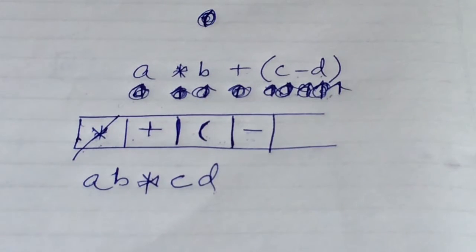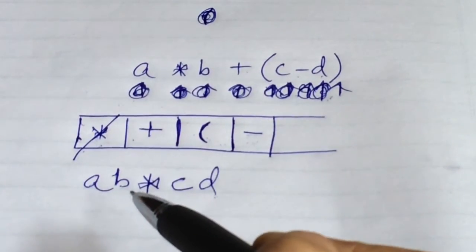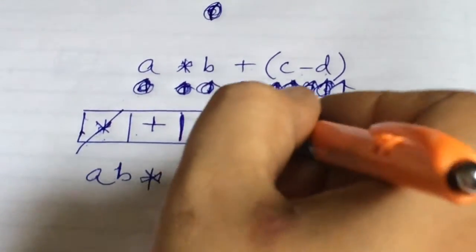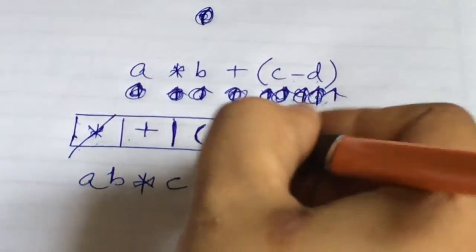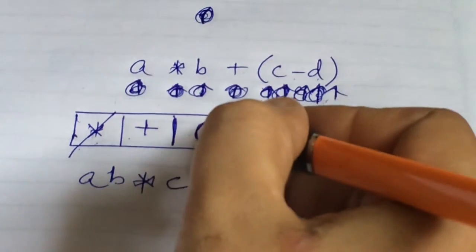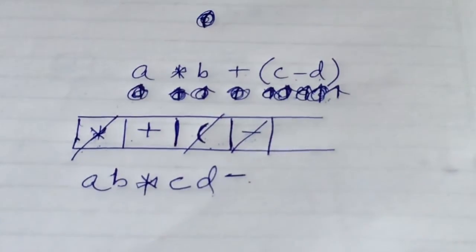Next step will be to pop the symbols from the stack unless and until you get the left parenthesis. So what we have to do, we have to pop minus and also this parenthesis. So minus will be popped from here and this parenthesis will be popped, but it will not be printed in the output.